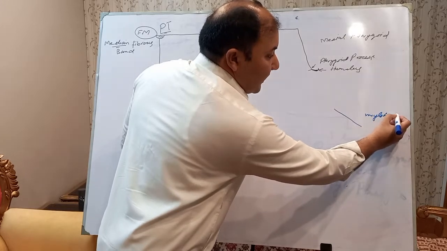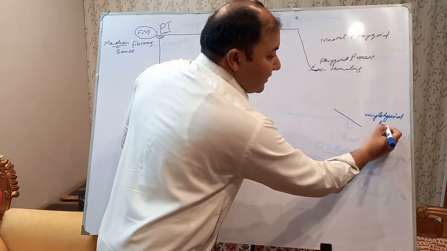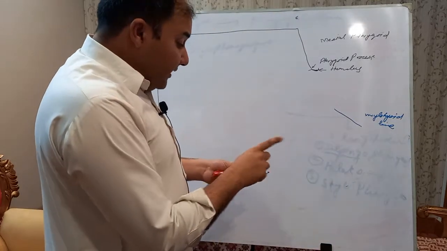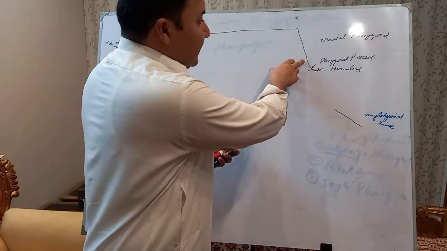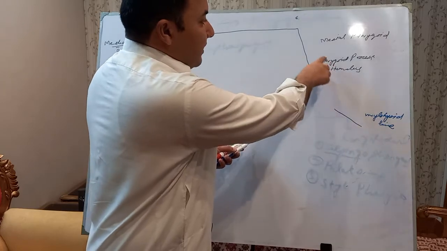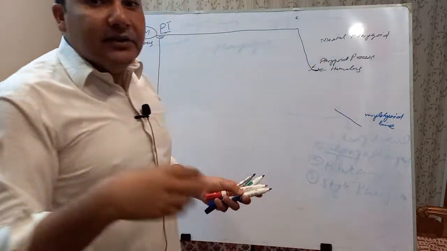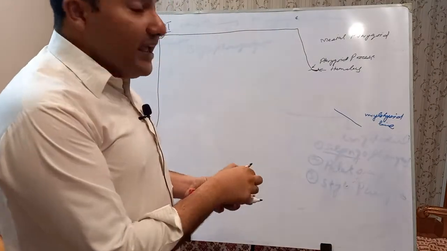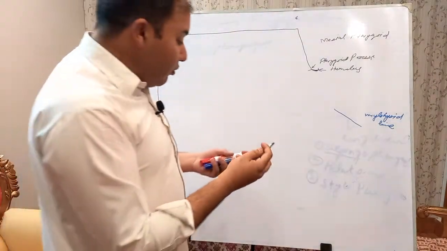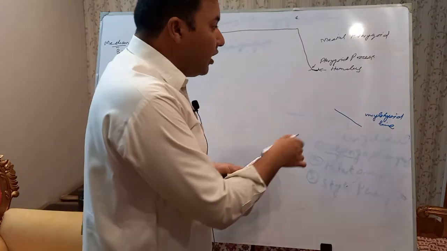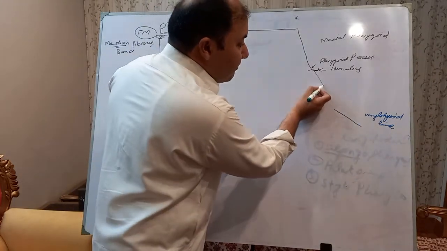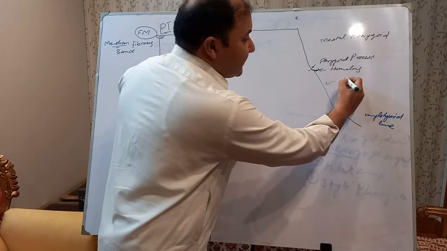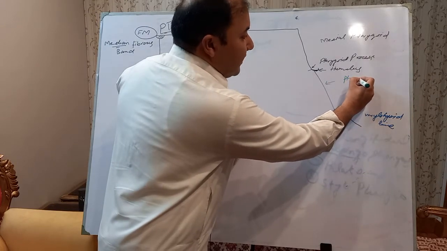The mandible is attached to the medial pterygoid plate of the sphenoid bone through a ligament called the pterygomandibular ligament.